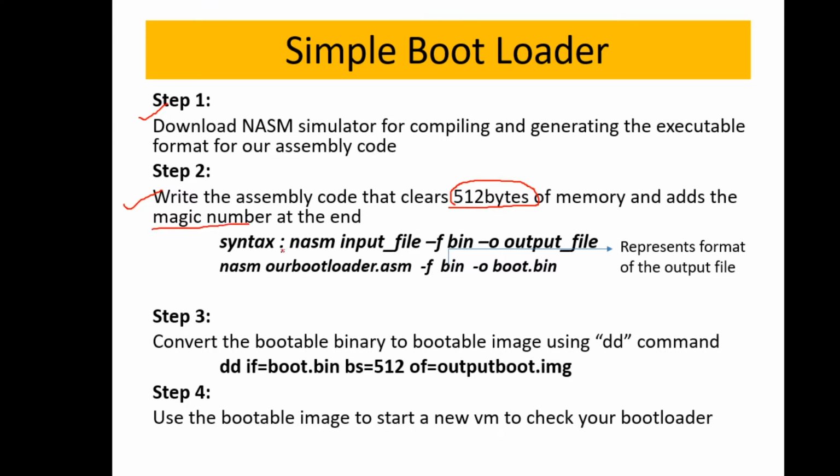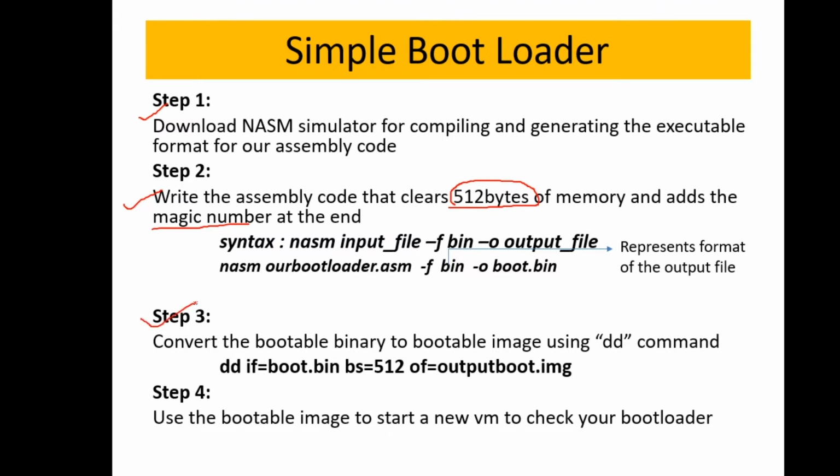The syntax is nasm input file name -f bin -o output file name. Through this we will create the image. A floppy image will be created through this instruction. We will learn how to incorporate it in the coming slides.